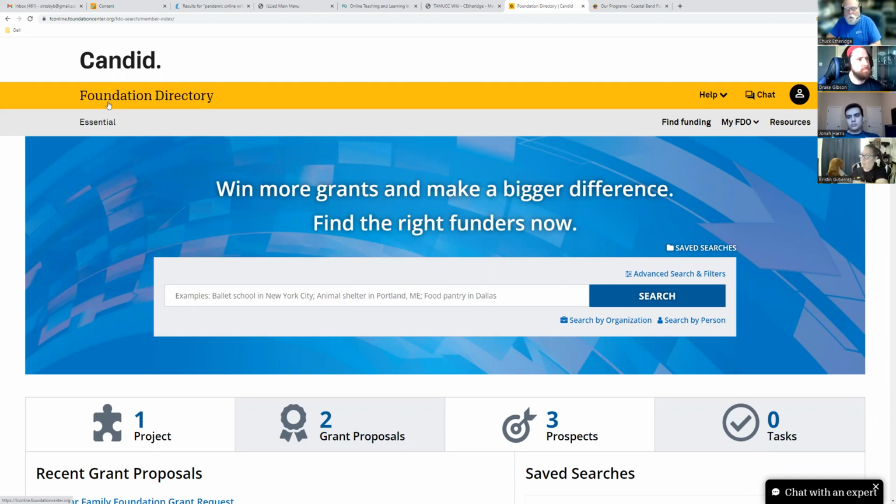The thing that distinguishes the Foundation Directory from other databases you can get, and it does cost money, is that the Foundation Center, which is where the Foundation Directory comes from, communicates with pretty much every private foundation in the world. Certainly all the ones in the United States, but most of the ones overseas as well.